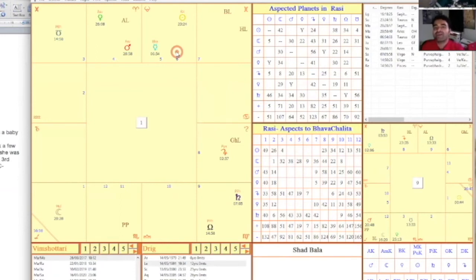Okay. Then this person also, very interesting enough, she moved to US after she got the pharmacy degree. But immediately when she moved to US, she actually had to work as a babysitter. Okay, so you see the Sun conjunct the 5th cusp here. Sun becomes a significant karaka planet for career, and is conjunct the 5th cusp.